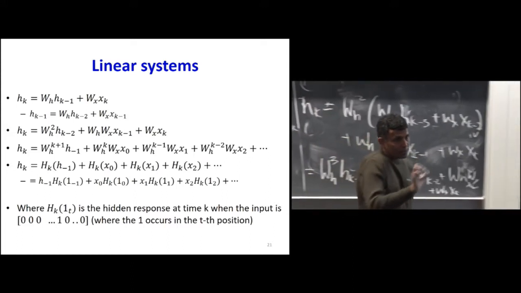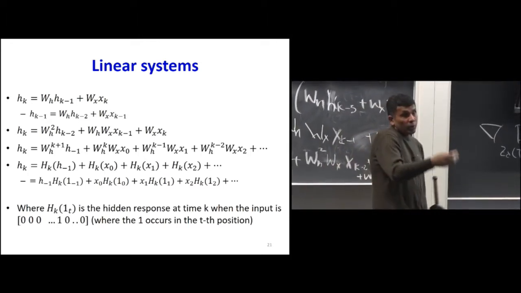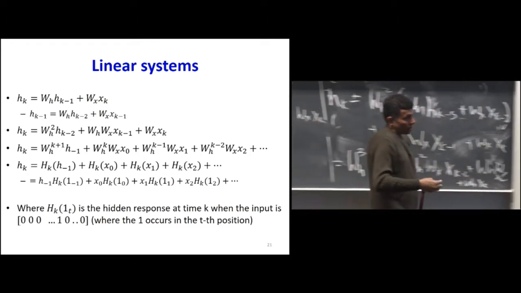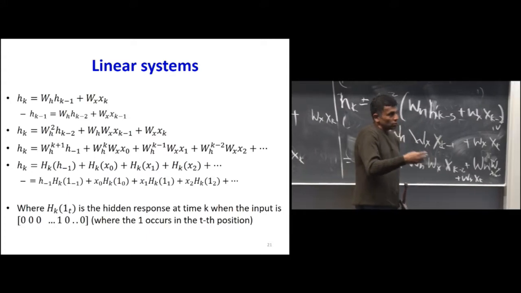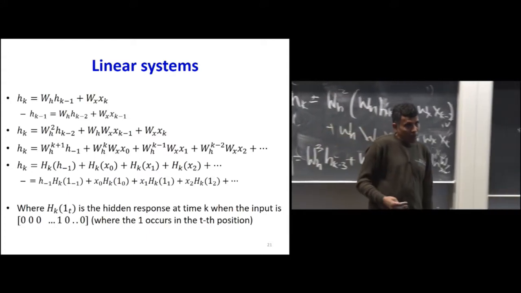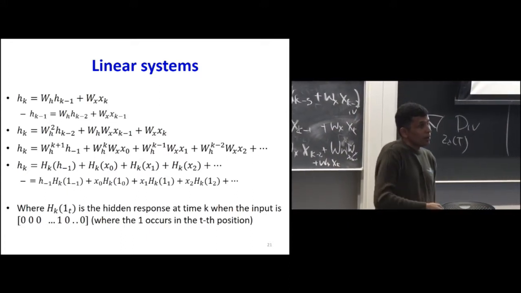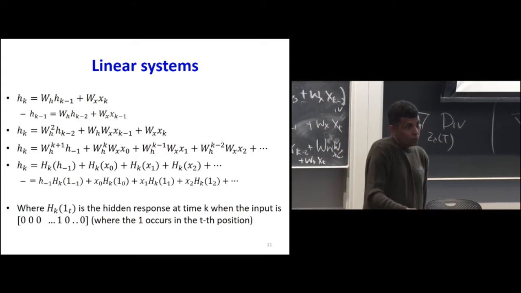The next time, if I write it in terms of hk minus 4, I'm going to be invoking xk minus 4, xk minus 3, xk minus 2, and xk minus 1, the past 4 values of xk. If I push the h that I'm considering one step more, I'm going to be incorporating one more x.